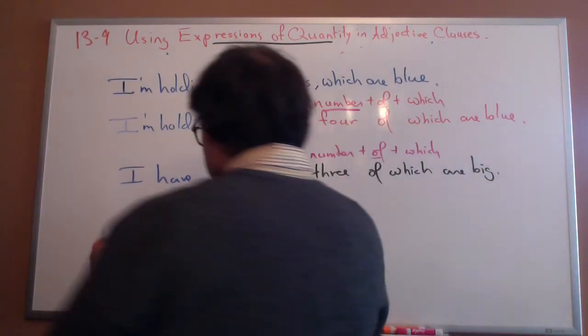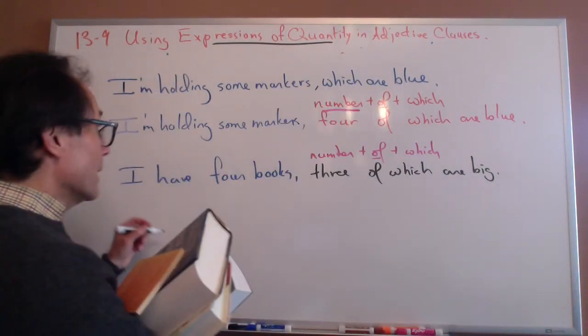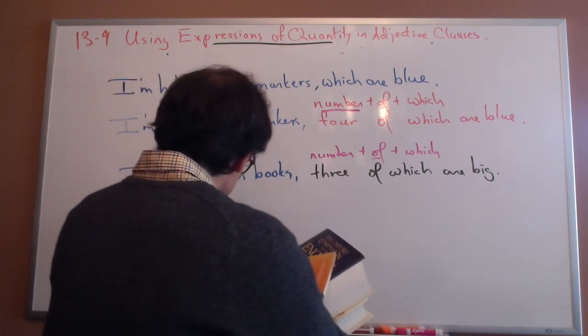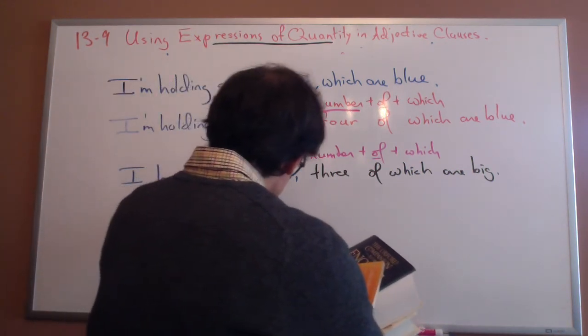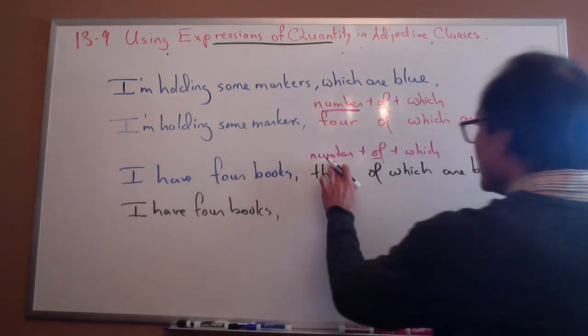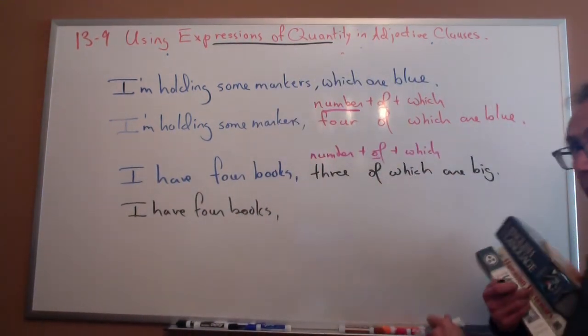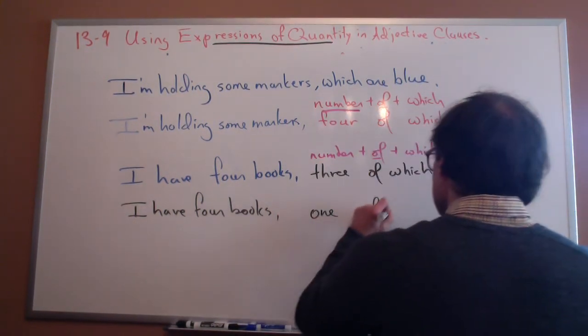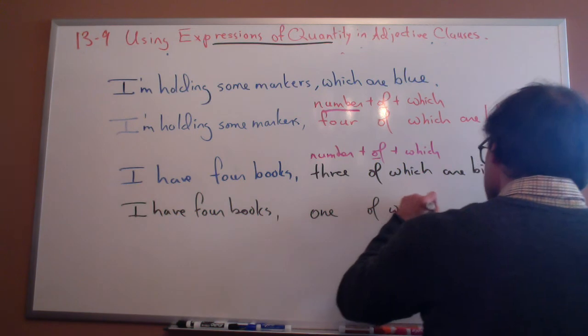So I could say, I have 4 books. And then I'll say number plus of plus which. And so I'd say 1 of which is small.